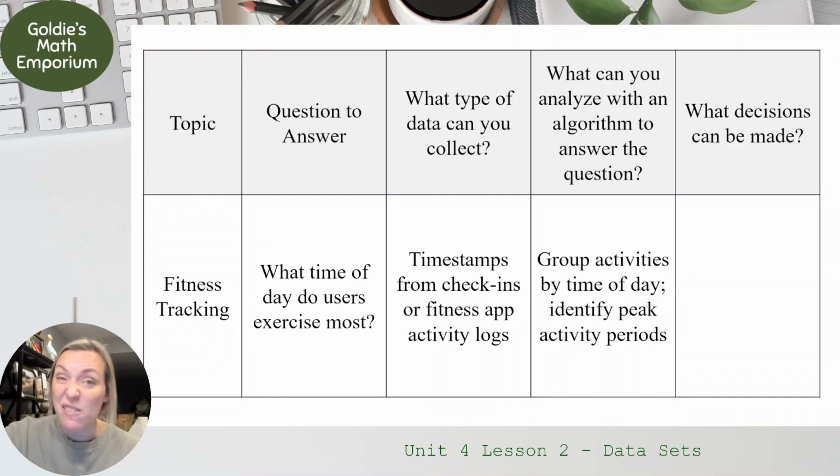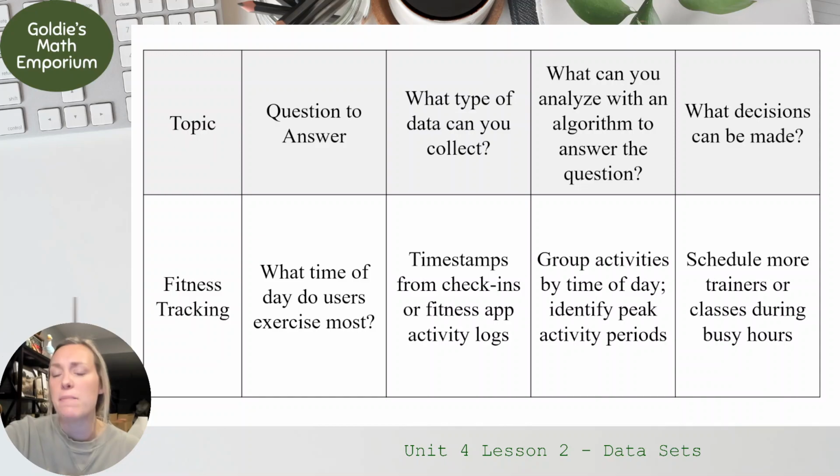If you need to find averages, or if you need to count something, all of these things are algorithms we can use on the data. And then what decisions can we make? If we're at a gym, we can schedule more trainers or classes during the busy hours, right? If you're a fitness app, what decisions can be made? Well, you can make smarter recommendations for the users, right? So this would be in line with the topic of fitness tracking.